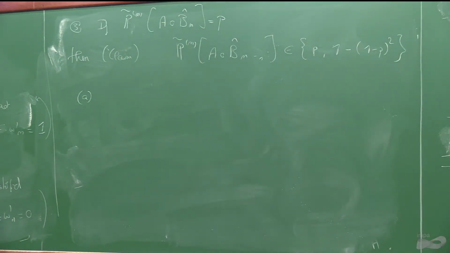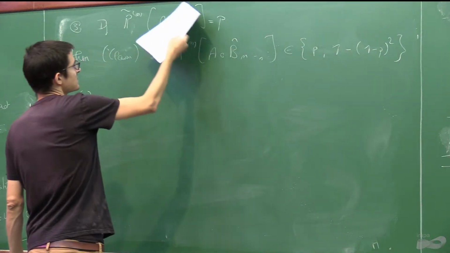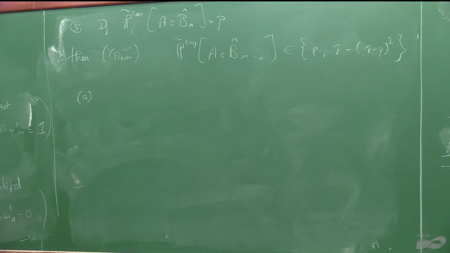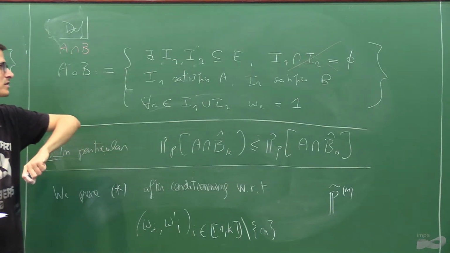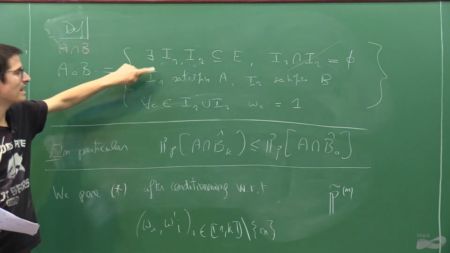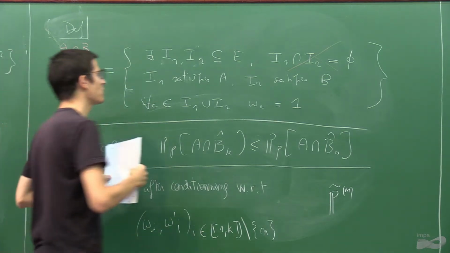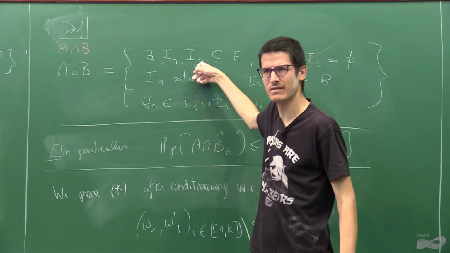Okay, so if this event is satisfied when omega n is open, okay, this means that I can find I1 and I2 such that every index in I1 corresponds to an open edge in omega, and every edge in I2 corresponds to an open edge in omega prime at n.